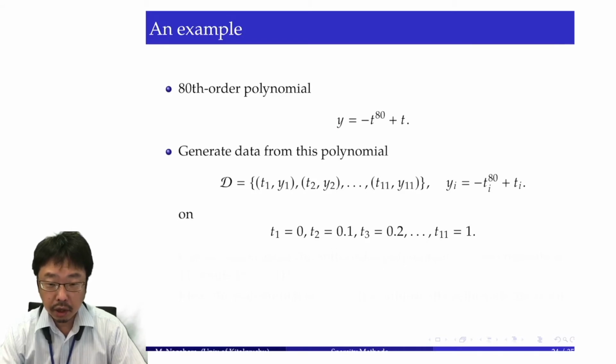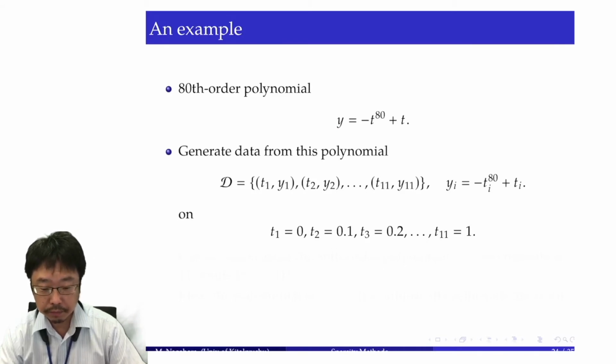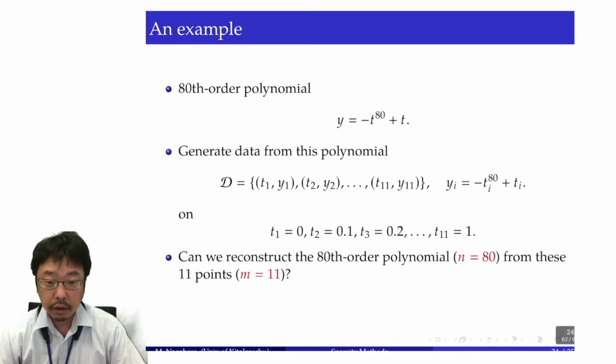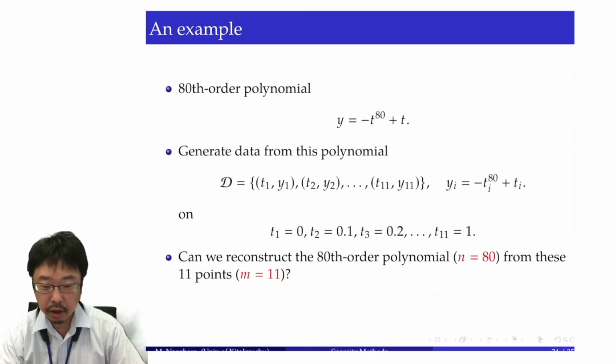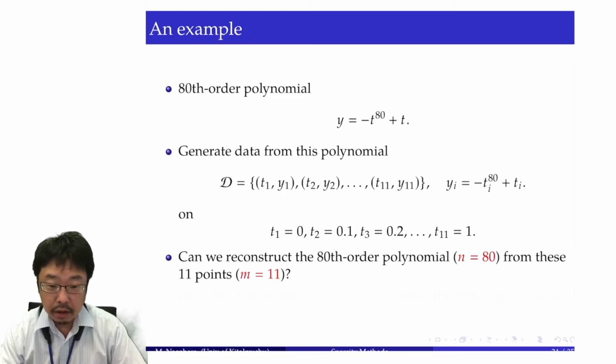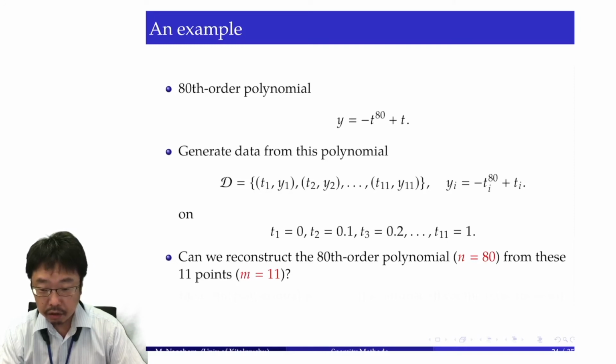We do not add any noise here. Then, can we reconstruct the 8th order polynomial, namely n is 80, from these 11 points? Now m is 11. Since n is greater than m, there are infinitely many solutions, even if we compute an interpolating polynomial.